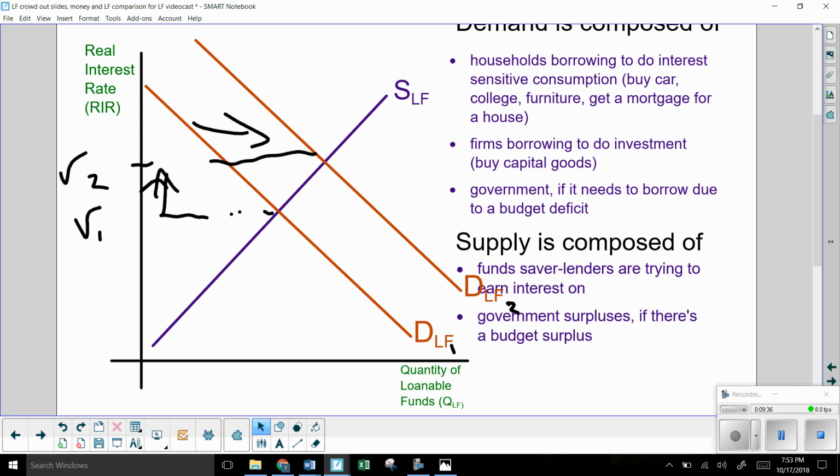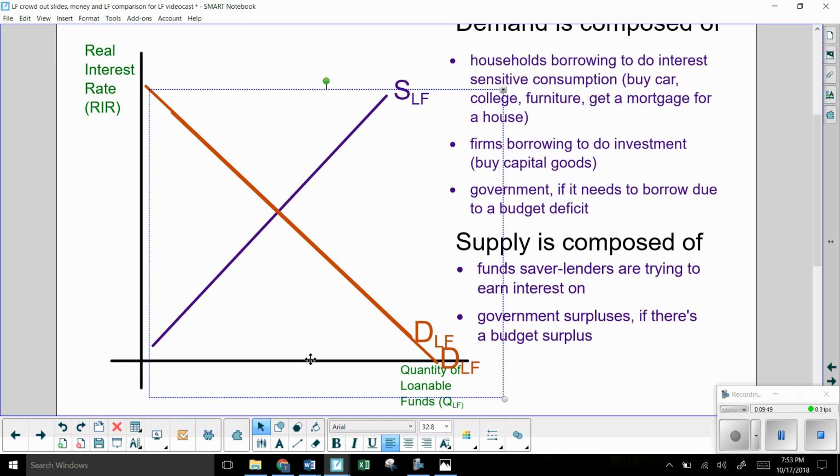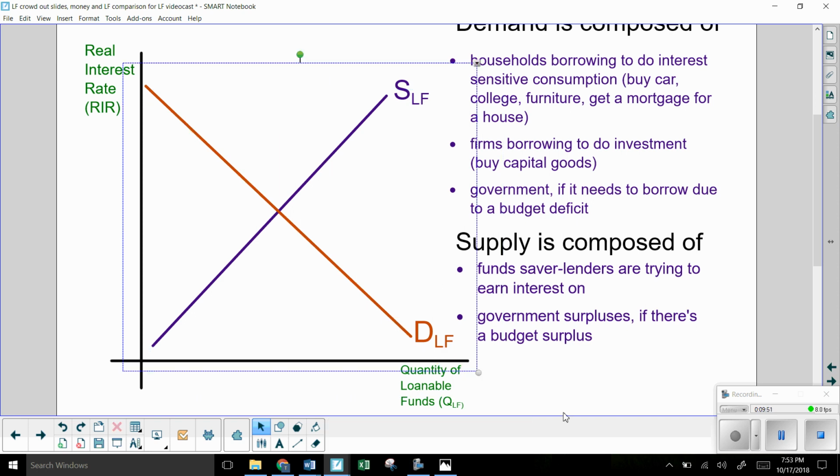And of course, more funds would be lent and borrowed, so we could see Q1 shifting to the right to become Q2. So that's a bit about how investment demand shifts might occur if businesses thought the economic conditions would be more favorable, or how capital flight might occur if lender savers panicked.